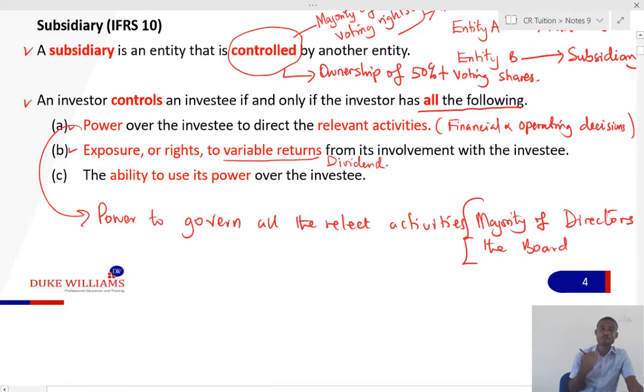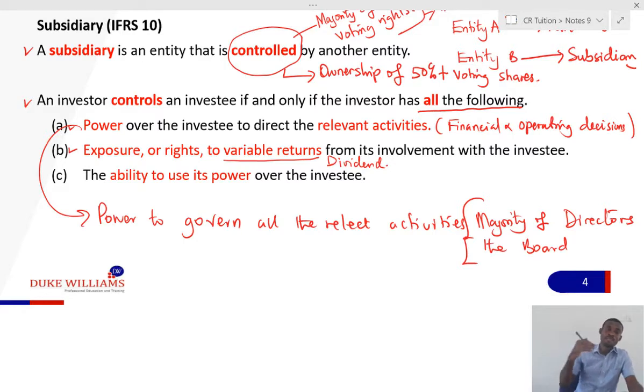And as we know, dividend would be paid based on the performance of the investee, or also based on the dividend policy of the investee. So the subsidiary directors can choose to pay dividend or not pay dividend, and the amount of dividend would vary depending on the performance and also the policy they have adopted for dividend payment.